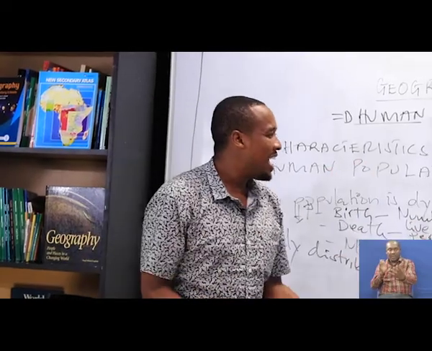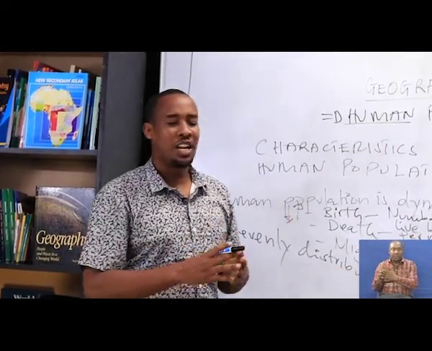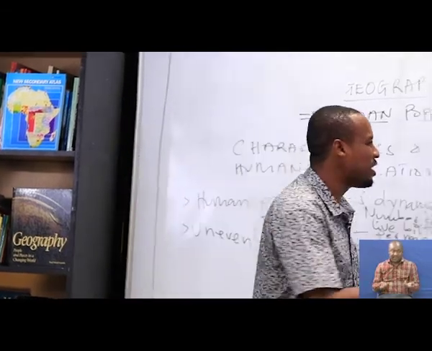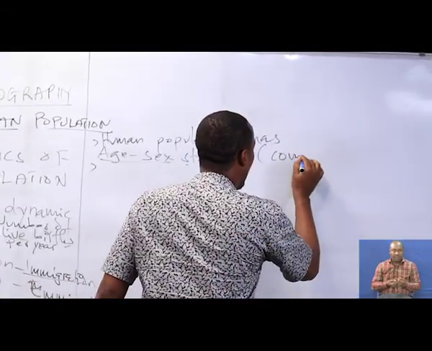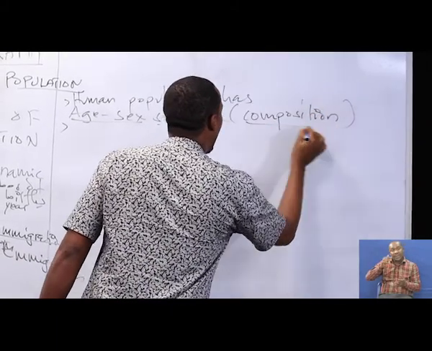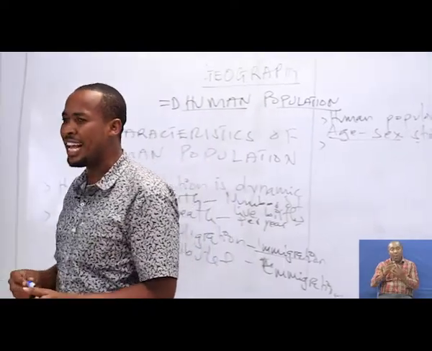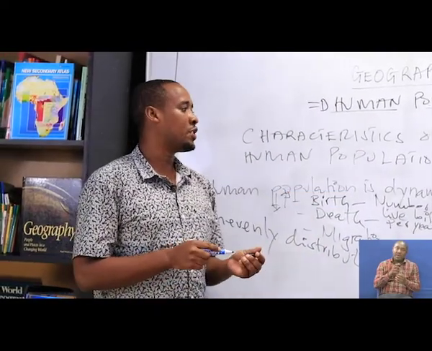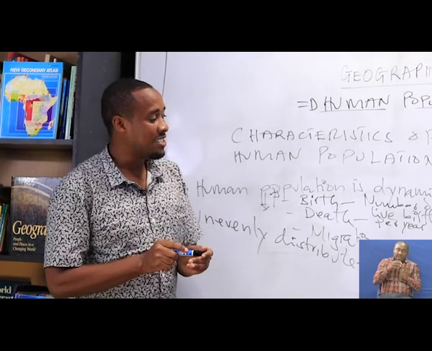When we are observing the population, this can be the composition of the population, very simply, the composition of the population in terms of age and sex. That is referred to as population structure.